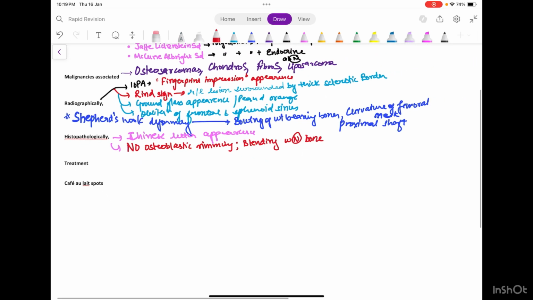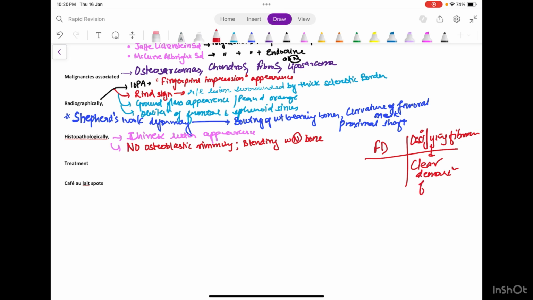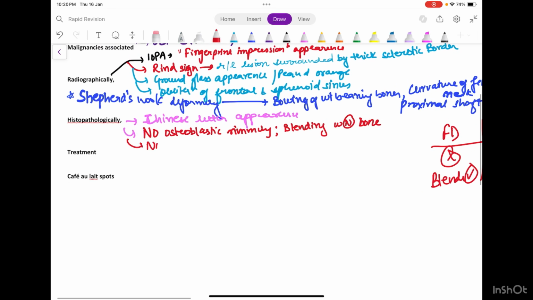Usually there is an MCQ on the difference between fibrous dysplasia and ossifying fibroma, in which in ossifying fibroma there is clear demarcation from normal bone, but in fibrous dysplasia there is no clear demarcation and it blends with normal bone. Then there is no osteoblastic rimming. All right, then there is immature bony trabeculae.